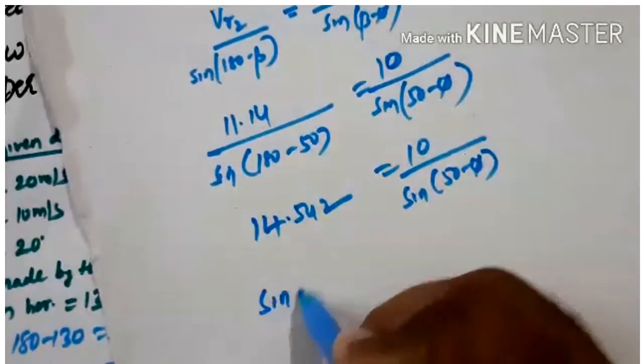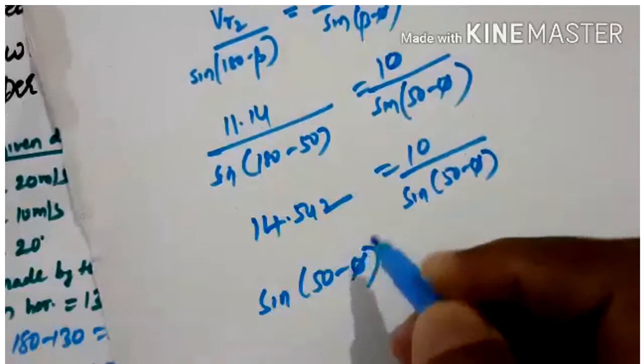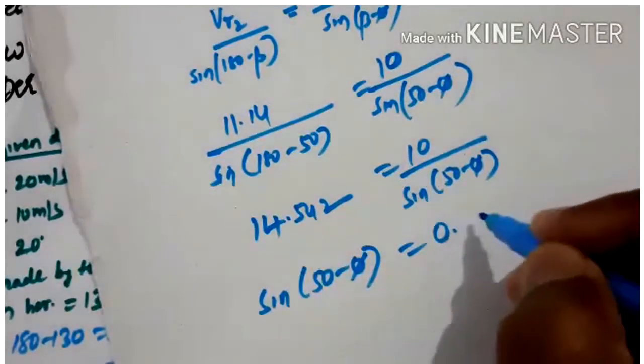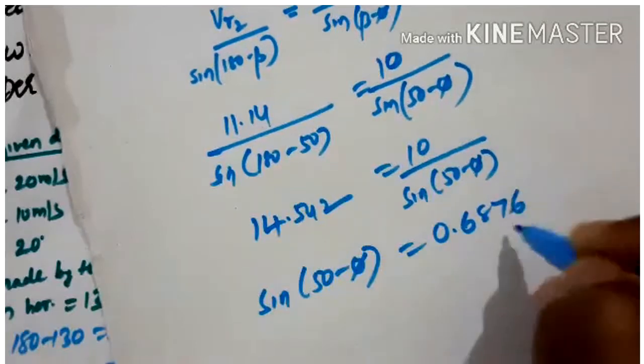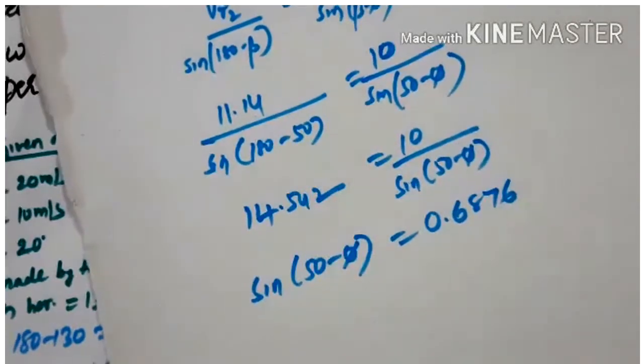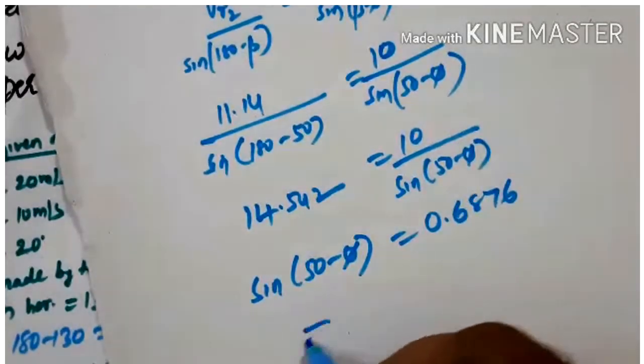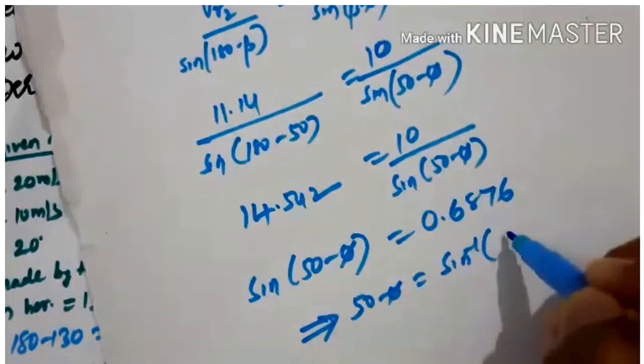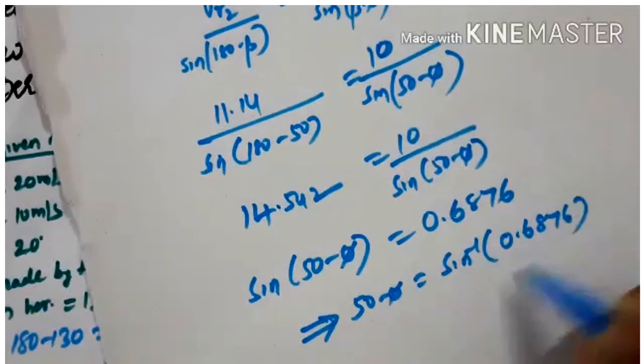Then sine of 50 minus phi is equal to 0.6876. Then 50 minus phi is the sine inverse of 0.6876.